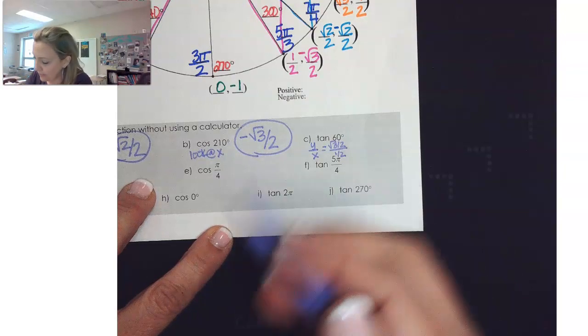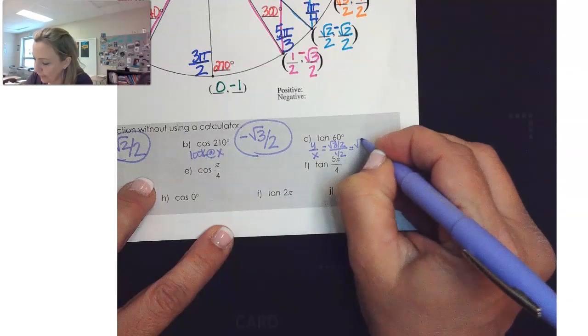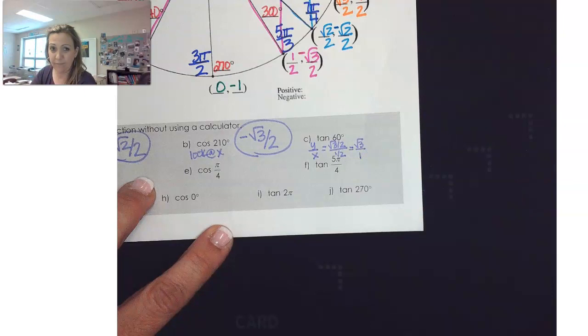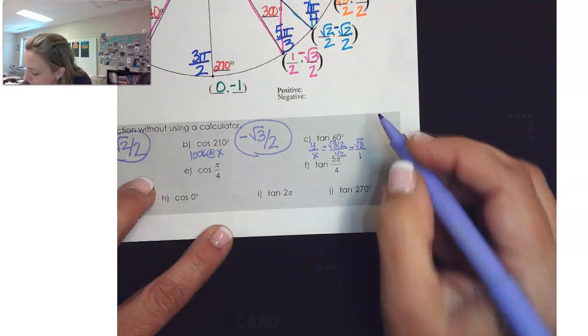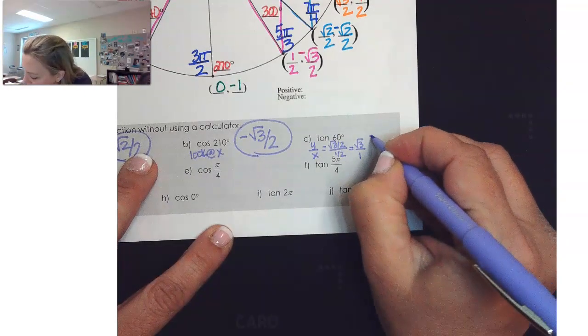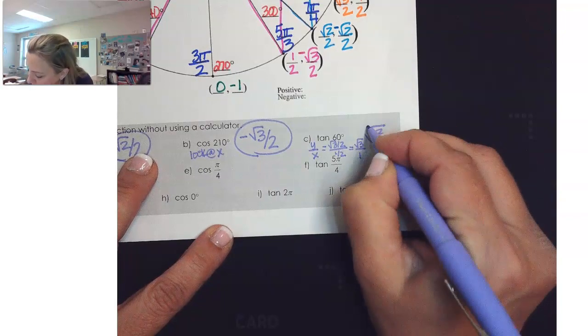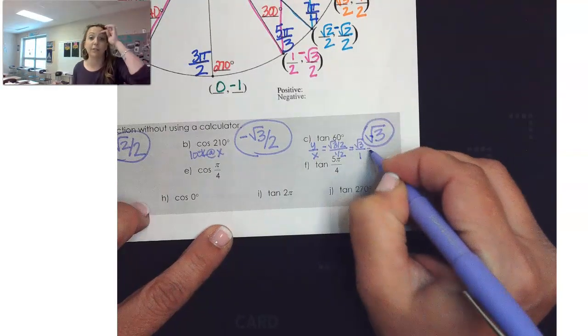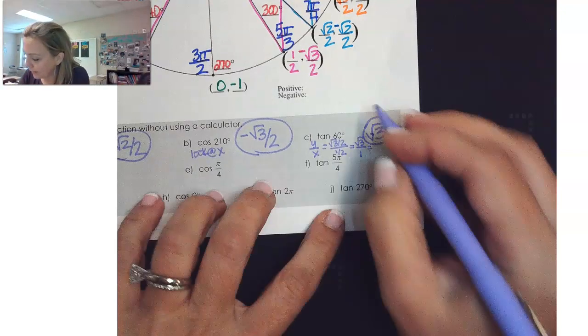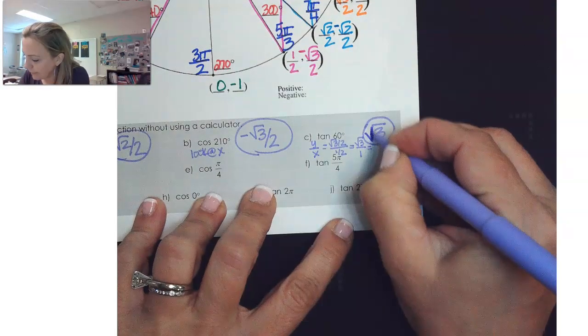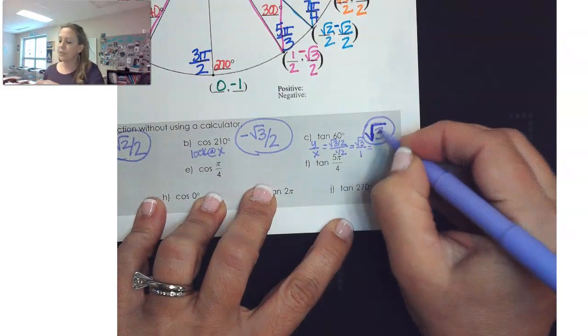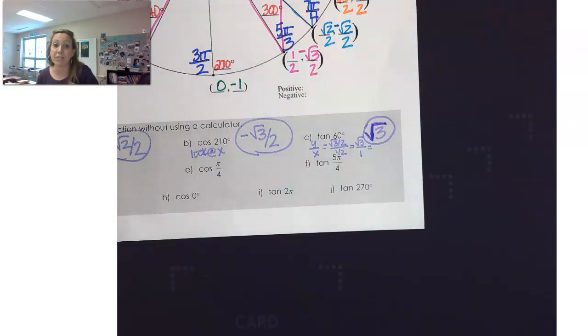The over 2s cancel, so this is just root 3 over 1. That's just root 3, positive root 3, not negative. Sorry about my marker issue. So that's what the tangent of 60 is, just by dividing y over x.